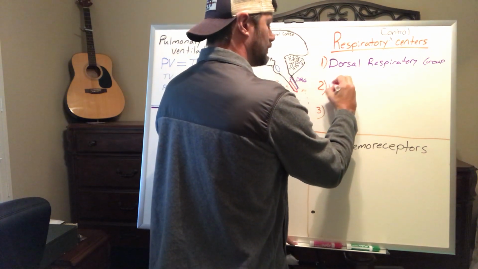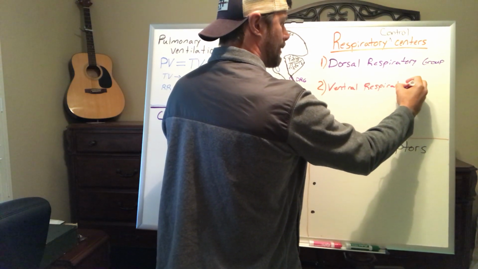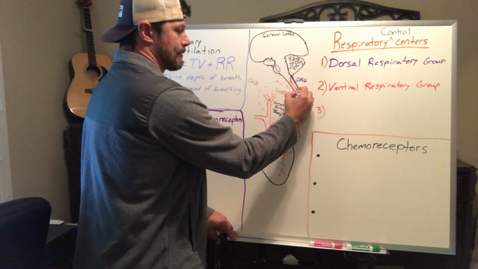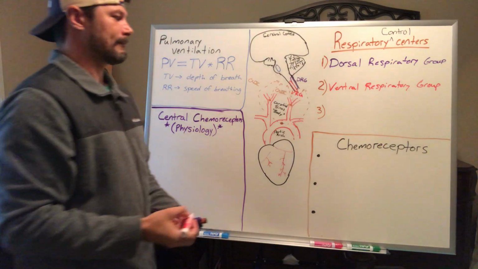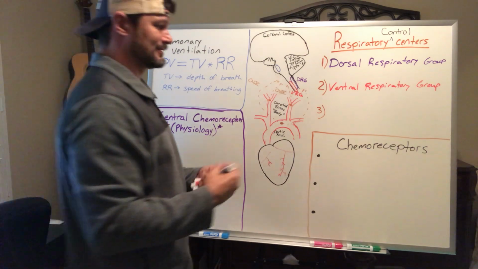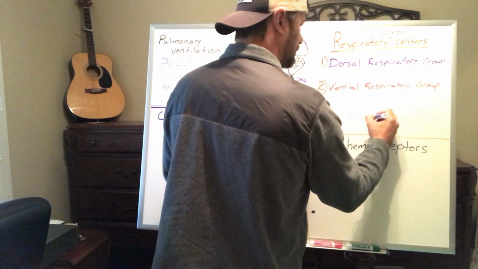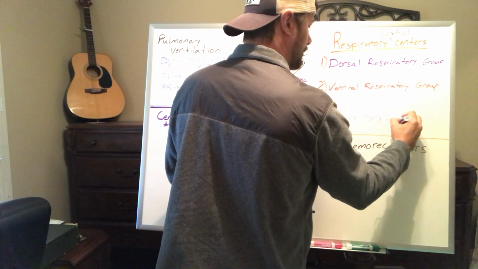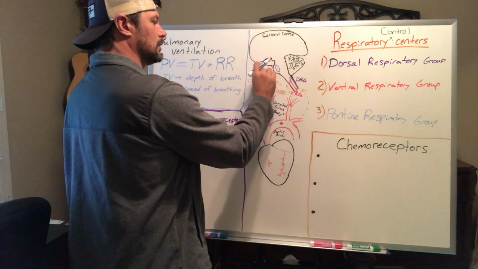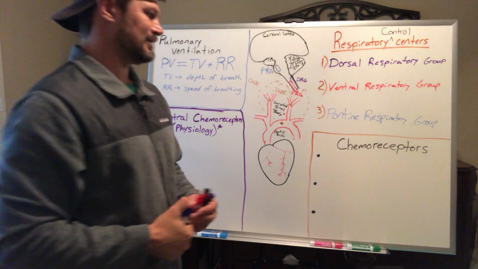So this is going to be the ventral respiratory group, or the VRG. And last but not least, up here in the pons is called the pontine respiratory group. You've got this all probably figured out by now. This is going to be the PRG. The pontine respiratory group.